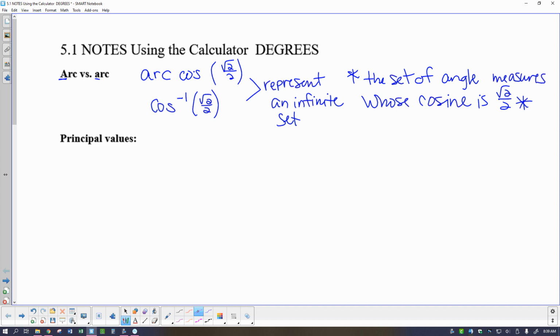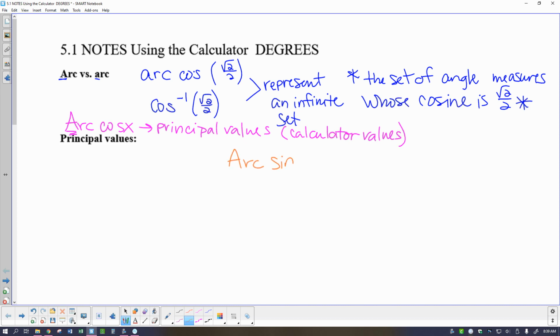Now, the difference, though, with the capital Arc, what does that mean? If we were talking cosine again, it represents the principal values. In other words, what the calculator will give you. What that calculator is going to do for you, okay? So just a little bit of difference here is our Arc sine. Let's just say we're working with sine.